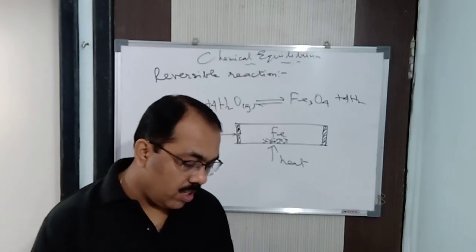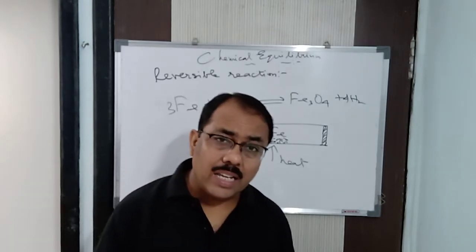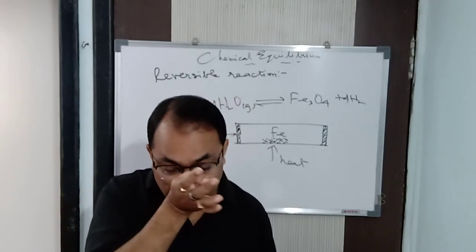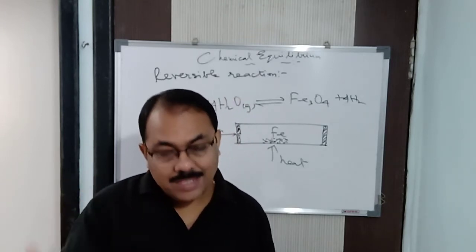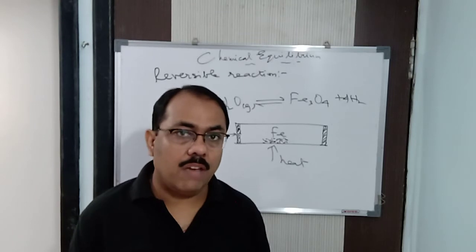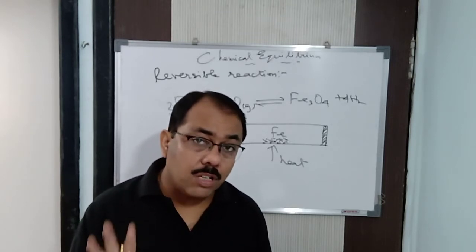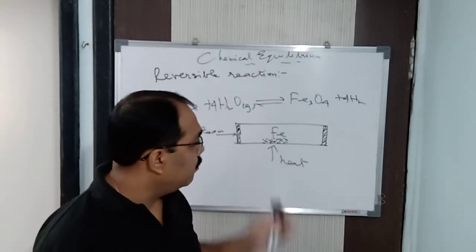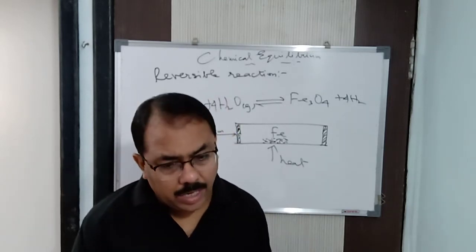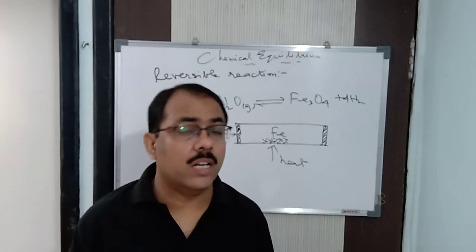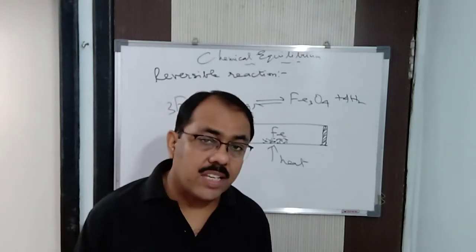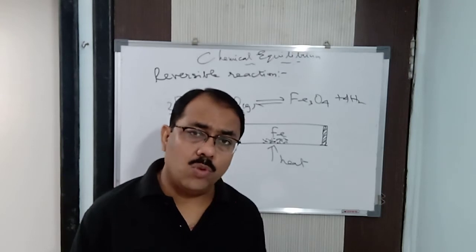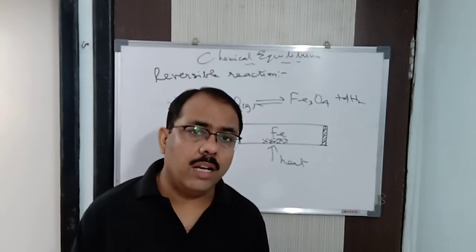So when it attains equilibrium, I told you the factors: concentration, temperature, pressure, everything becomes constant. The observable properties become constant. So this experiment clearly proves that the same reaction can attain equilibrium if it is carried out in a closed container. But if the same reaction is carried out in an open container, the gaseous products are allowed to escape, and hence it does not attain equilibrium.